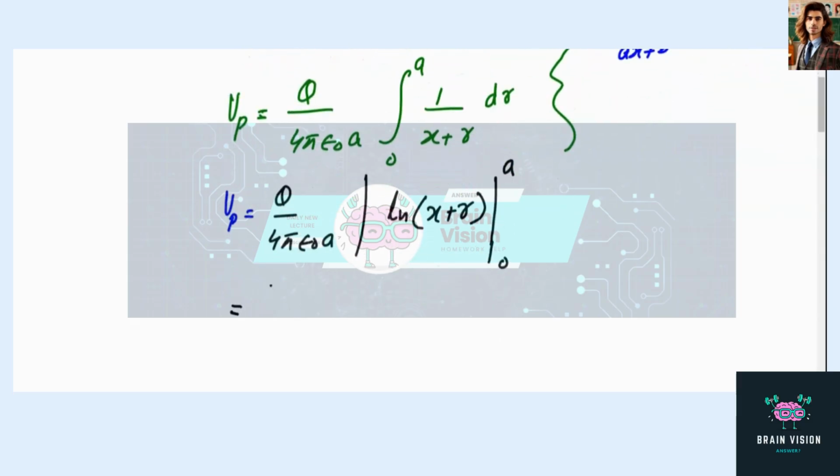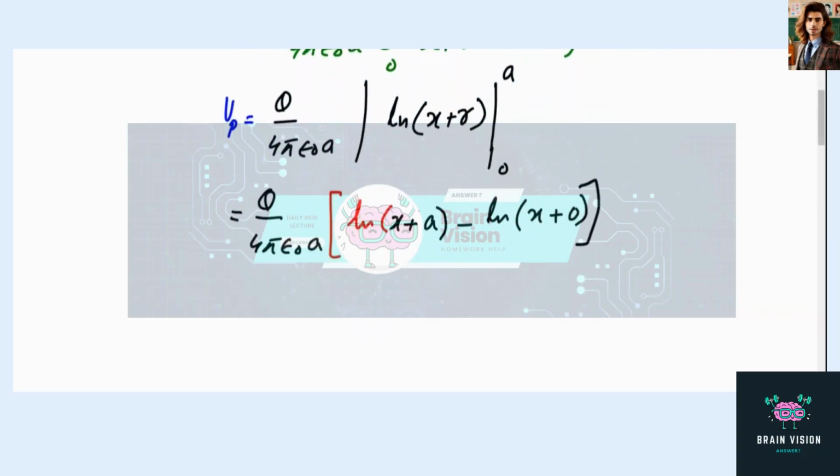We can put the limits here, q upon 4 pi epsilon naught a into ln of x plus a. Here we are integrating with respect to r, so we will put the value of r here, minus ln of x plus 0.